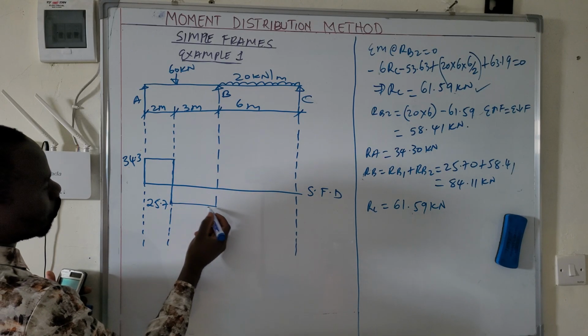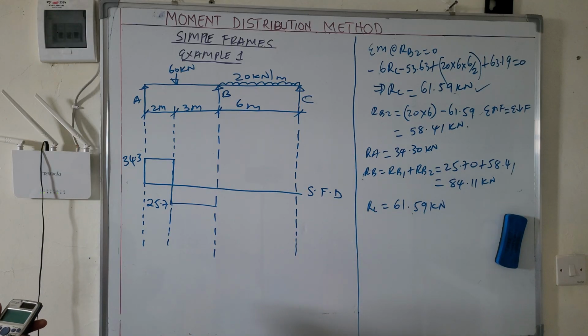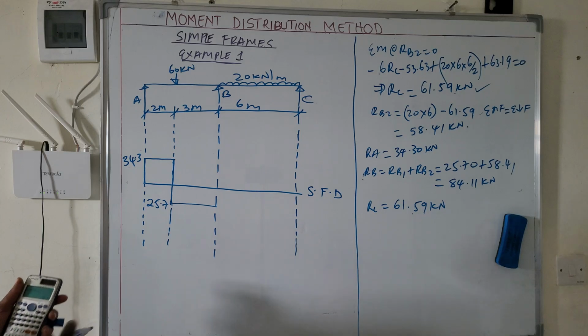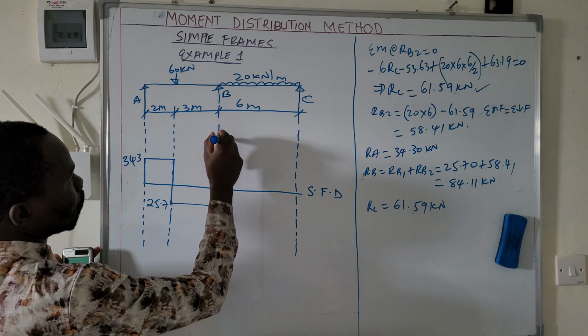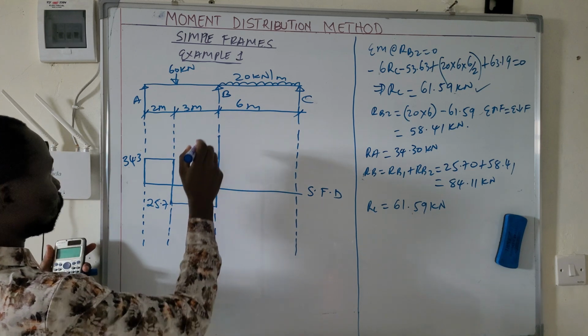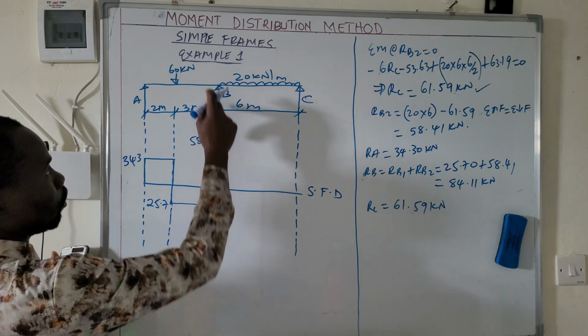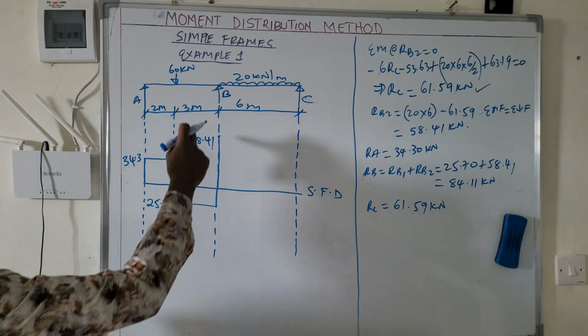And then it will be constant up to the next force, which is reaction at B. So take negative 25.7 plus the reaction at B, 84.11. So it gives you 58.41. Approximate again along this line. So that is 58.41.